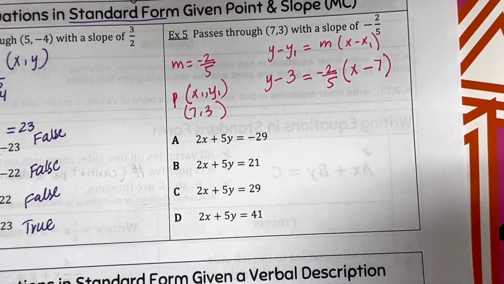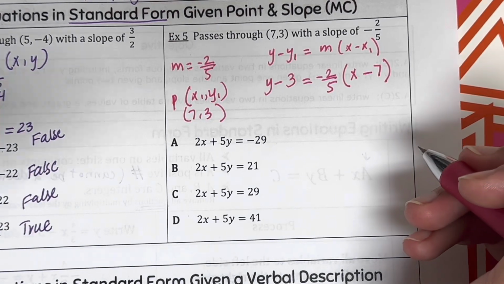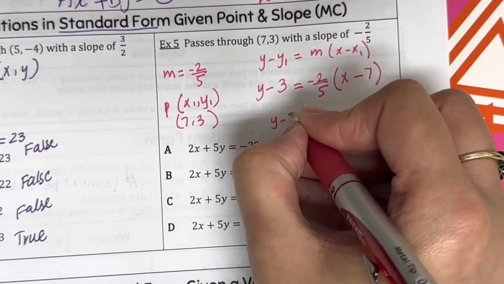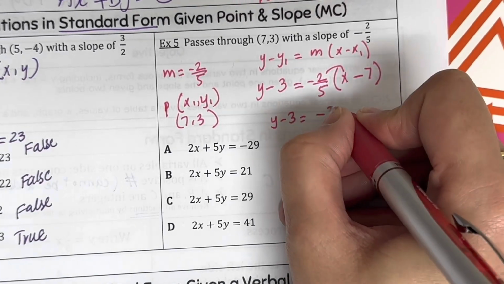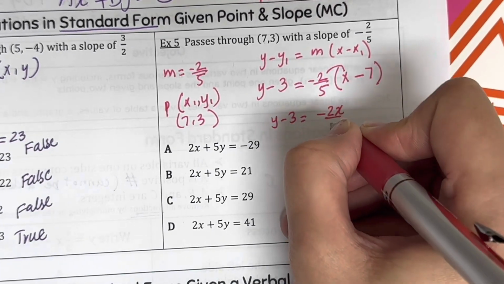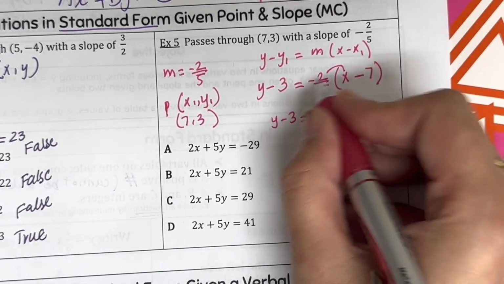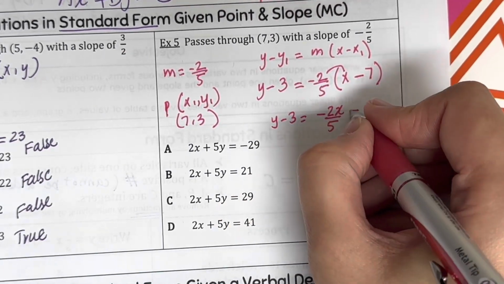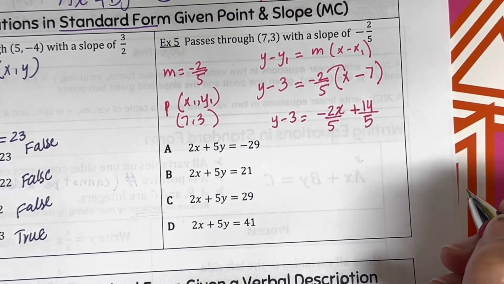Now, first thing I'm gonna do is convert it to slope intercept form. So I distribute over here. That gives me negative 2/5 x, and minus 2/5 multiplied by 7 is positive 14, so it's positive 14 over 5.